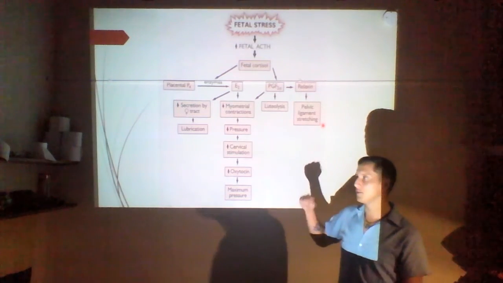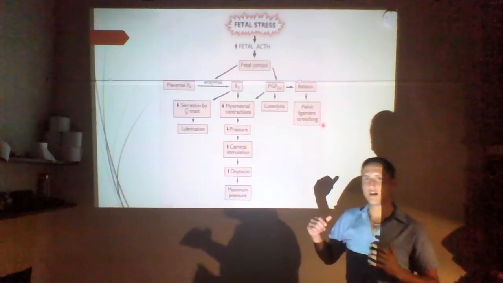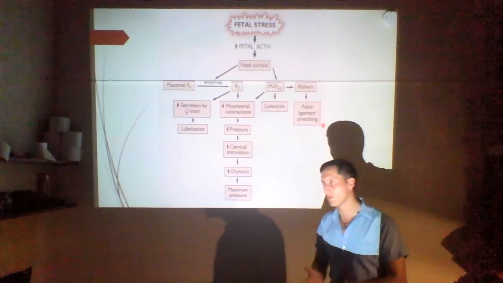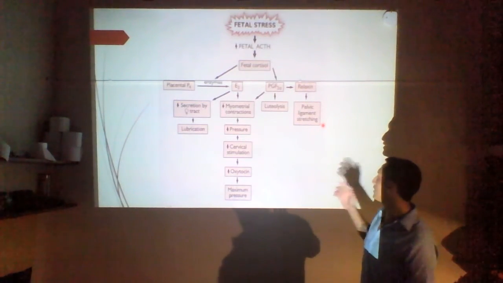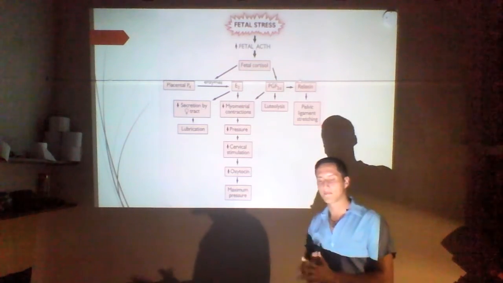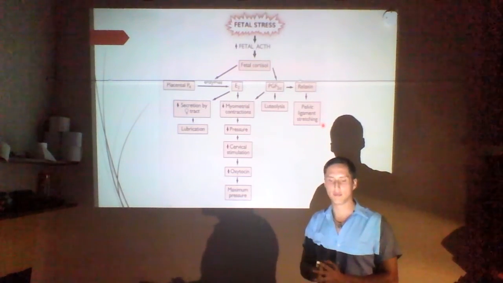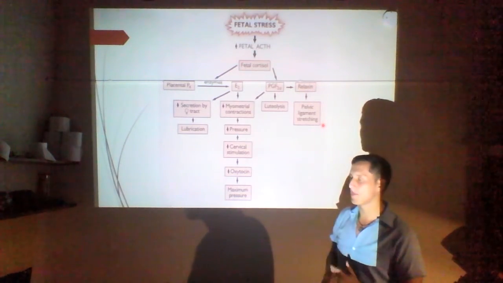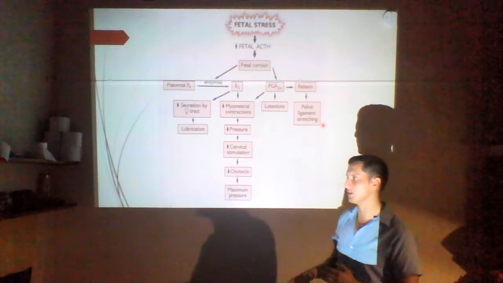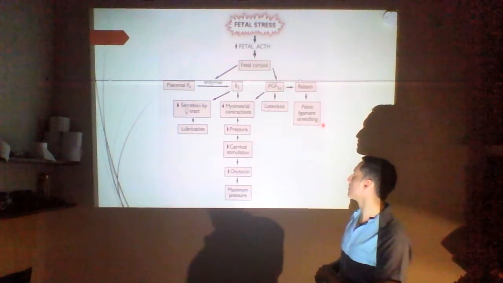And also, the prostaglandin F2 alpha is going to give another hormone called relaxin, and this relaxin is going to stretch the pelvic ligaments, so the mother is not going to suffer a lot with the contractions and with the passage of the neonate through the vagina.